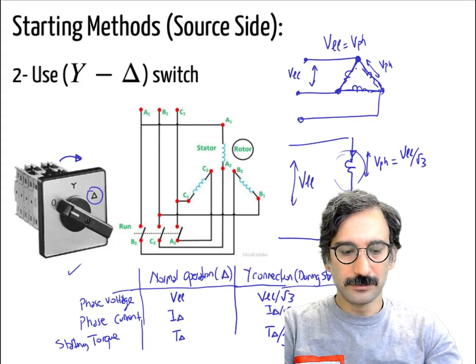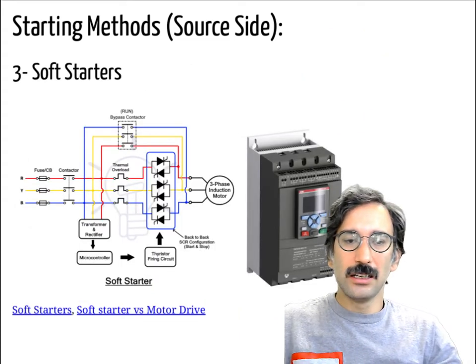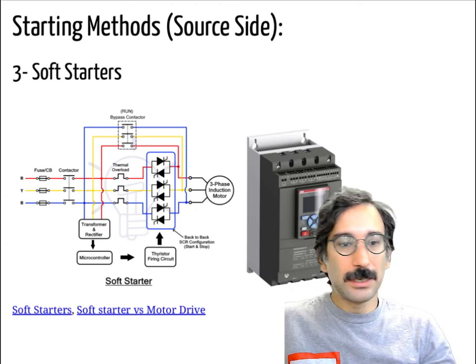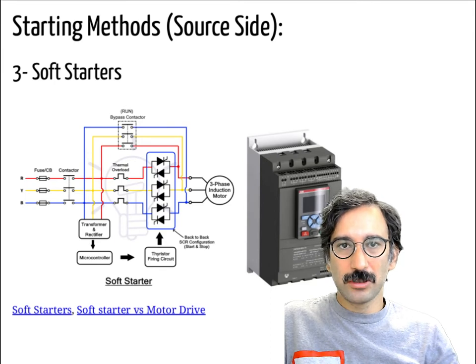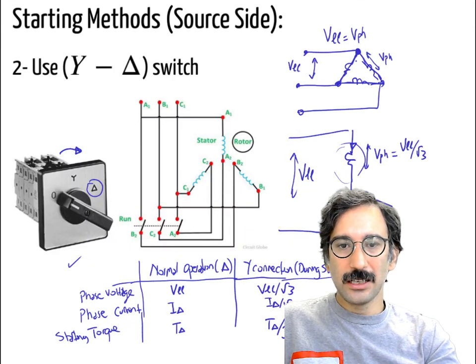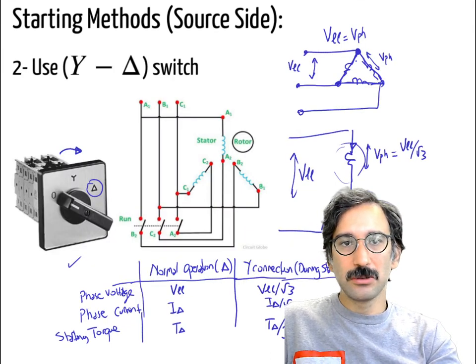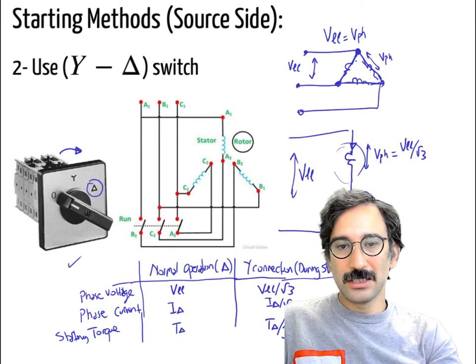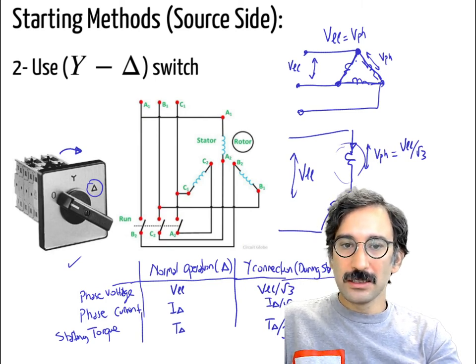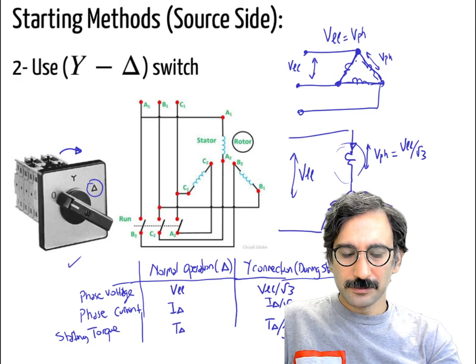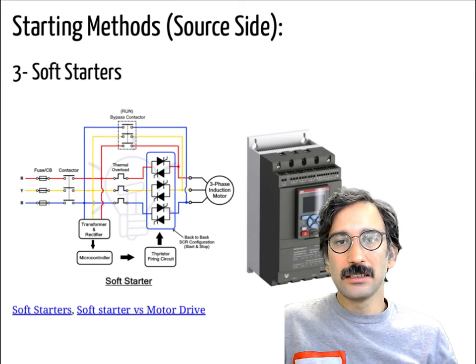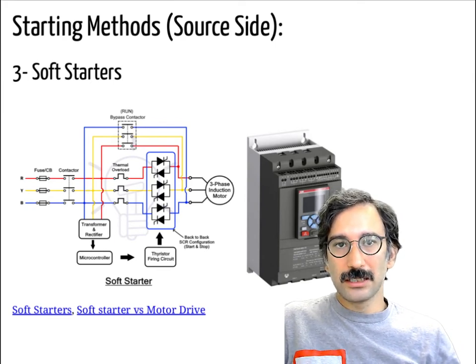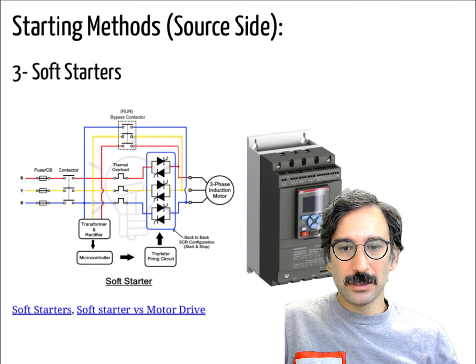Other, more expensive and more accurate methods use power electronic circuits. The previous applications are really cheap and you see them in conventional systems, but if you have some sensitive equipment, or you want to control the acceleration electronically, then you need to connect some kind of power electronics drive.